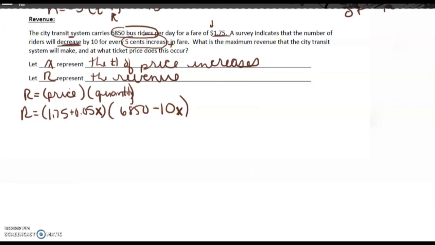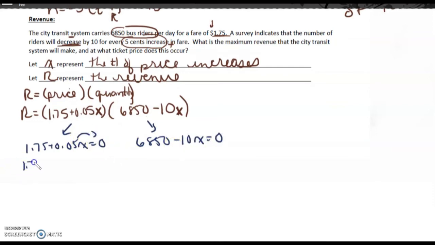So the question is, what is the maximum revenue that the city transit system will make, and at what price does this occur? Okay, so this is already in factored form, so I'm going to go ahead and set each of these factors equal to 0. So I'm going to bring this over, 1.75 equals -0.05x.